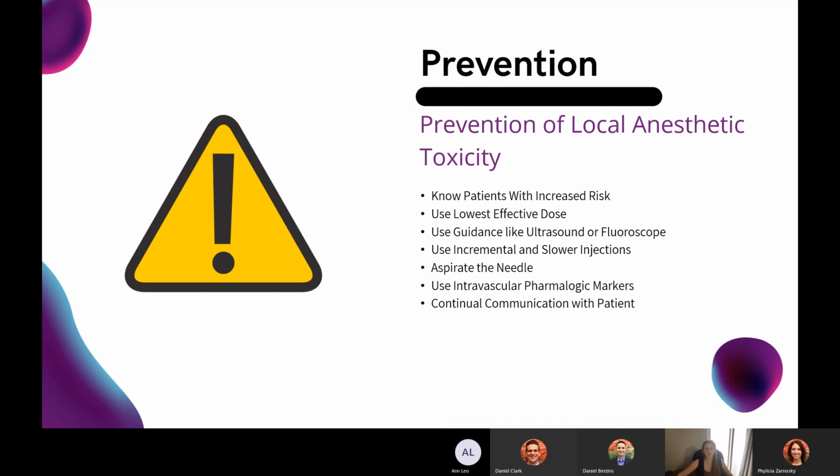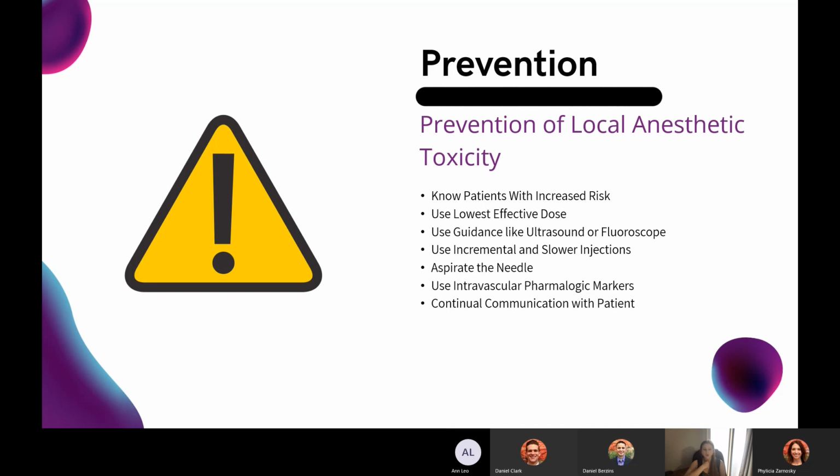First thing to know is which patients are at the highest risk for local anesthetic toxicity. If you choose to use local anesthetics with your patients, it is recommended to use the lowest effective dose to achieve your desired result. When possible, do not do blind injections, especially in the spine or cervical region. Use guidance like ultrasound or fluoroscopy.